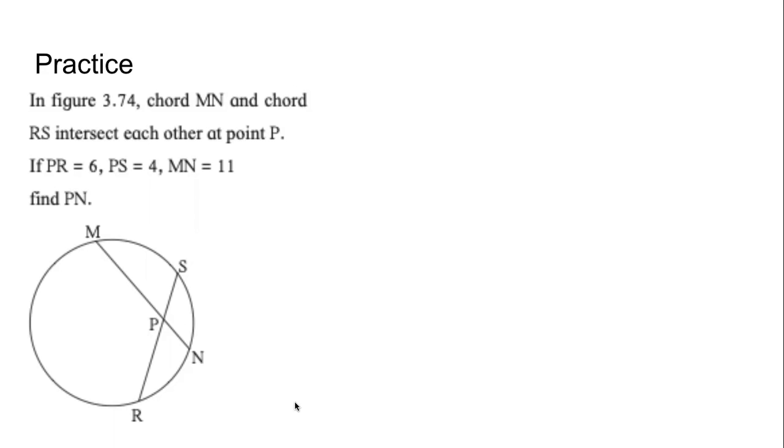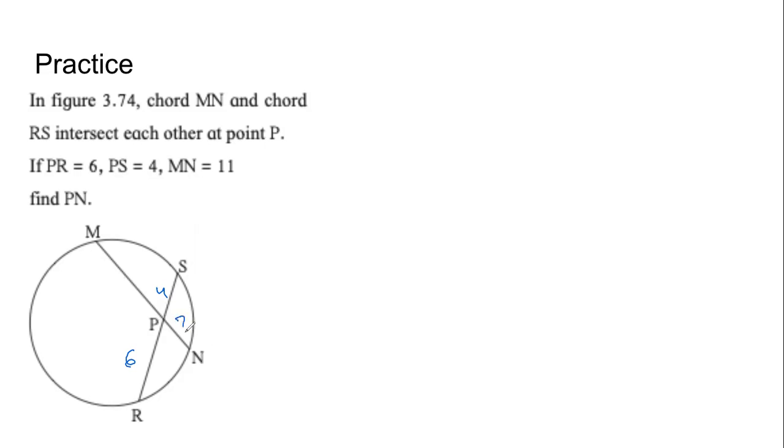Okay? So there is a circle, in which we have chords MN and RS. They intersect each other at the point P. PR equals 6. It will be easy for us if we write these things in the diagram itself. So 6, PS is 4, MN is 11. Total is 11.